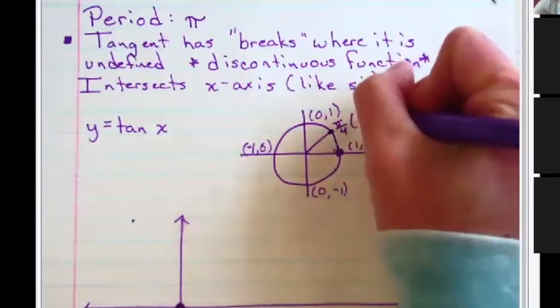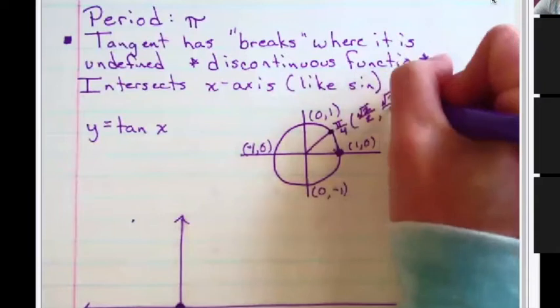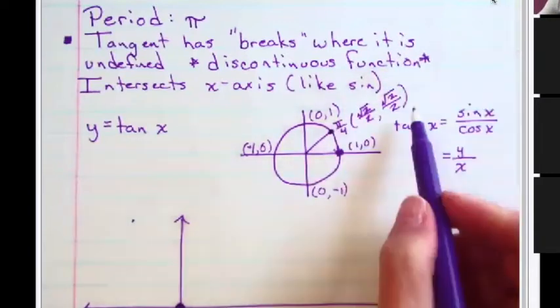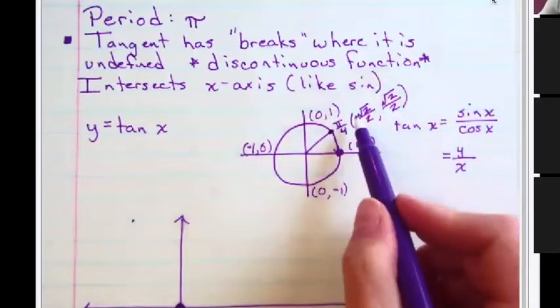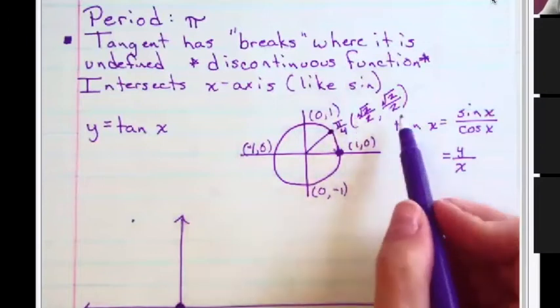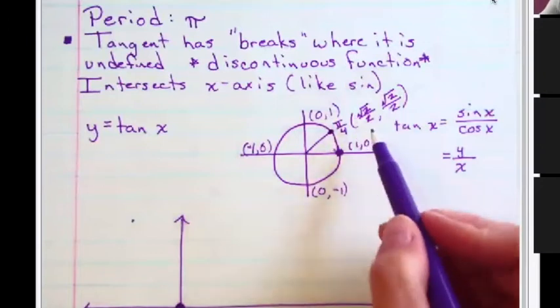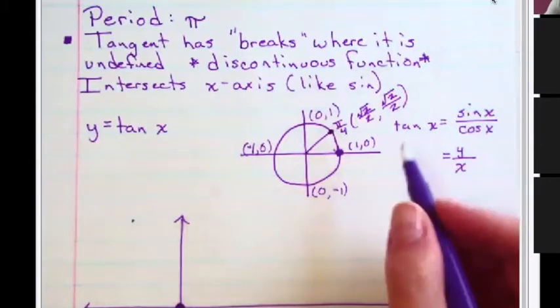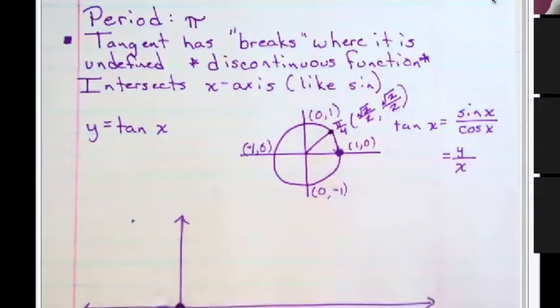Your ordered pairs match, root 2 over 2, root 2 over 2. If we did sine over cosine for this one, it's going to be root 2 over 2 over itself, and anything over itself is equal to 1. So for 45 degrees, or pi over 4, this value is going to be at 1.